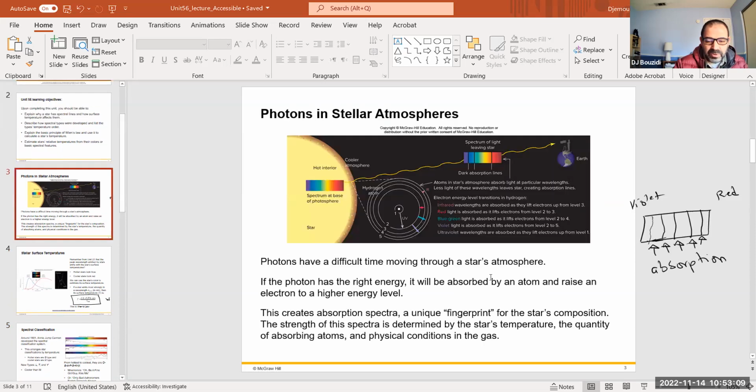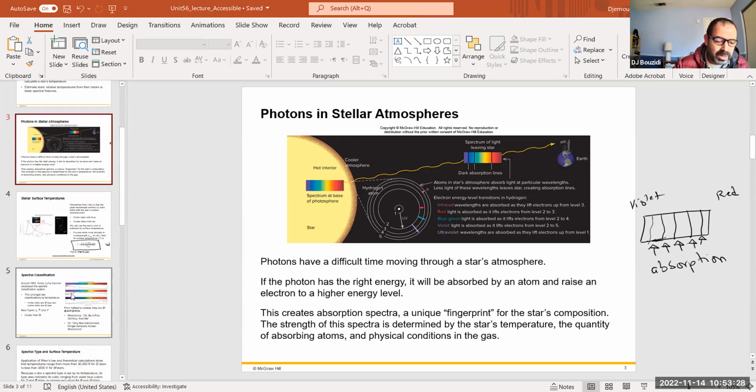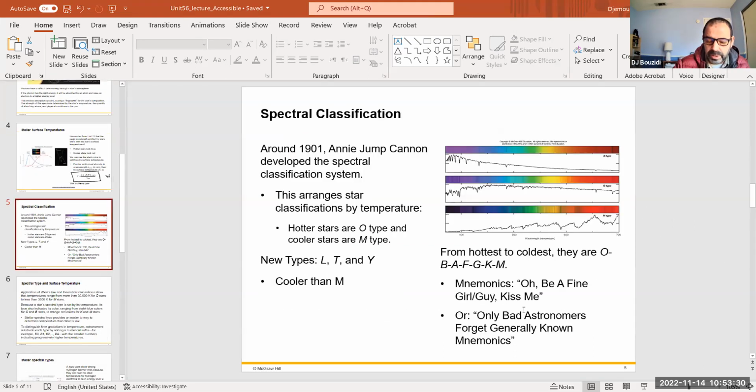If the temperature of the atmosphere is too low, it might not be able to excite helium enough, or hydrogen enough, but it may get involved with the upper layers of heavier elements, like carbon, for example, and those will show up in the absorption spectrum in here. So the temperature and the spectral lines are correlated to one another.